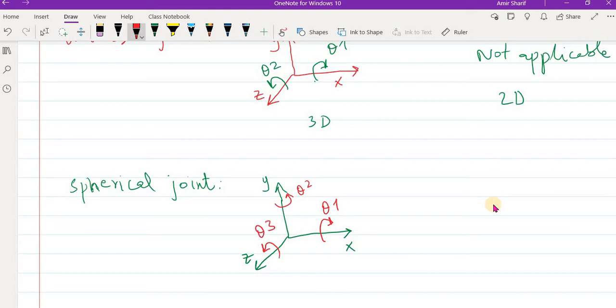So we have 3 rotations, which means it has 3 degrees of freedom, but there is no translation about any of these axes, so there will be 3 constraints. And this is in 3D; in 2D this joint cannot be represented, so not applicable.